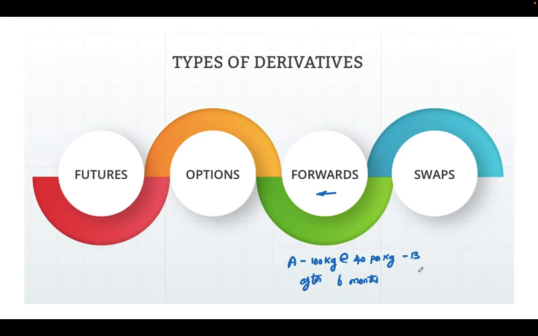Either A or B may default. A gives a guarantee that after 6 months he will deliver 100 kgs at 40 per kg to B. B is expected to receive 100 kgs at rupees 40 per kg after 6 months. This is not traded in an exchange. The contract is not a regulated contract. So there is a chance for a counterparty risk.